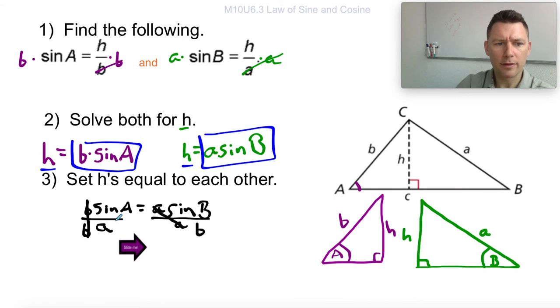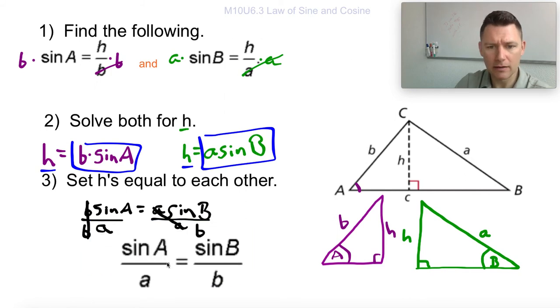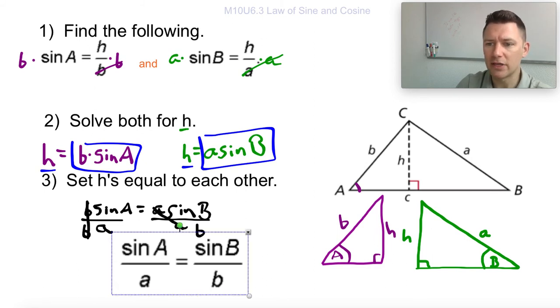And you're left with sine of A over A, right? Sine of angle A over side A equals sine of angle B over side B. And another way to look at that is this. This is the law of sines. And we'll look at how to use that in a second. So you can write that down or else it'll be in the next slide.